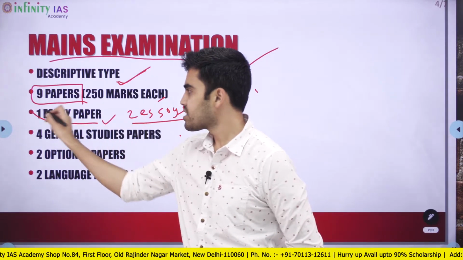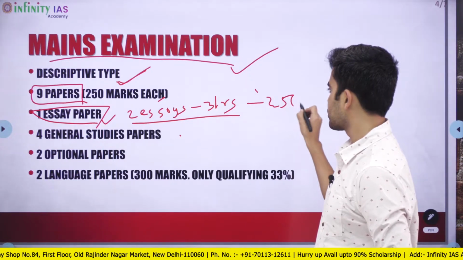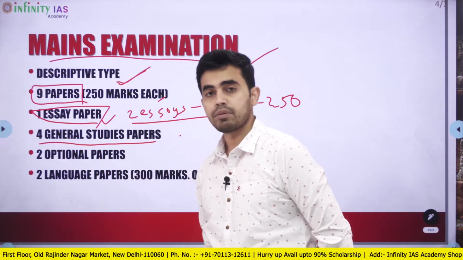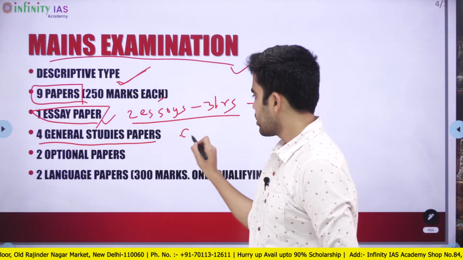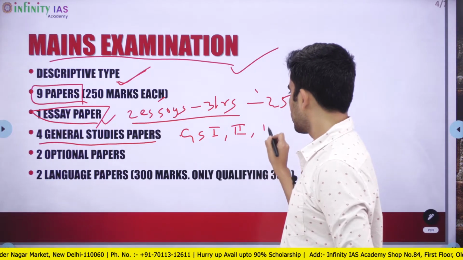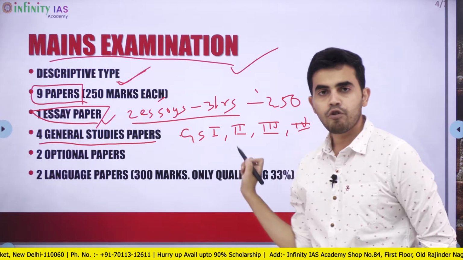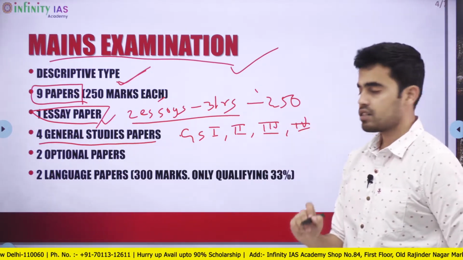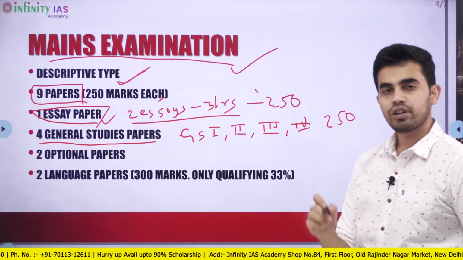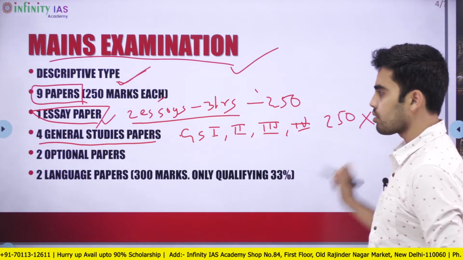That is 1 essay paper. It carries 250 marks. Then come 4 general studies papers: GS 1, 2, 3 and 4. All these 4 papers are for 250 marks each and we should write each paper in 3 hours. So 250 into 4.